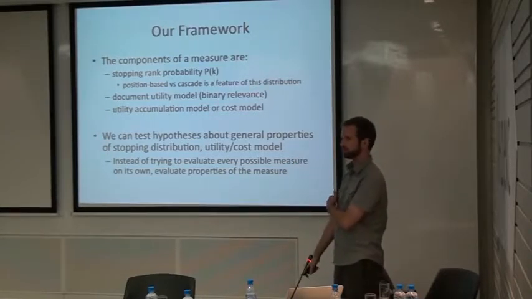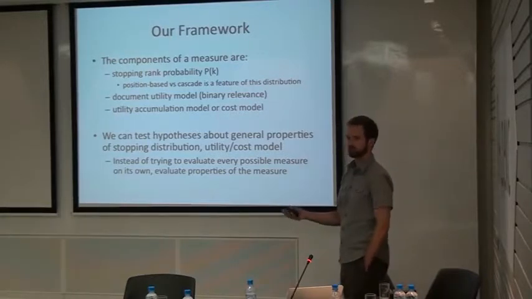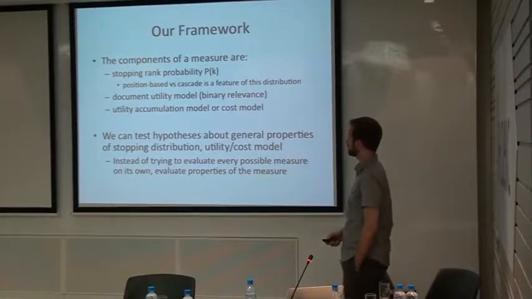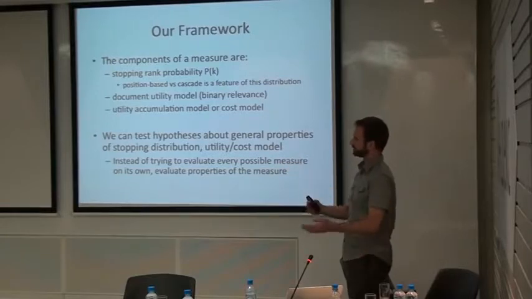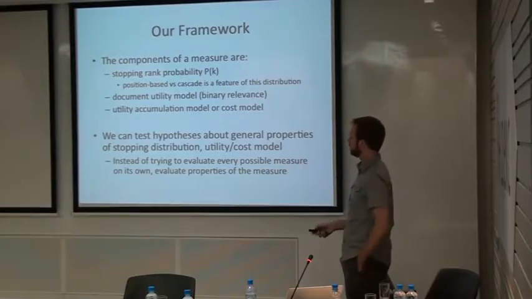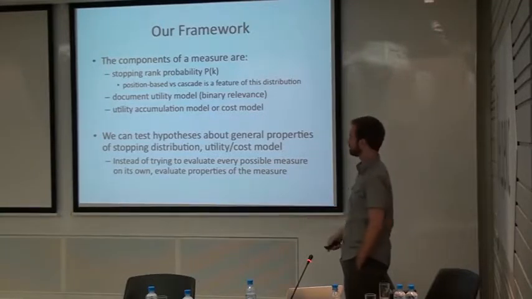So now my claim in this work is that this discounted gain model is actually conflating at least four distinct models of user interaction. And if we can specify what those four different models are, then maybe we have a more formal framework in which we can think about evaluation measures and make decisions about different evaluation measures.